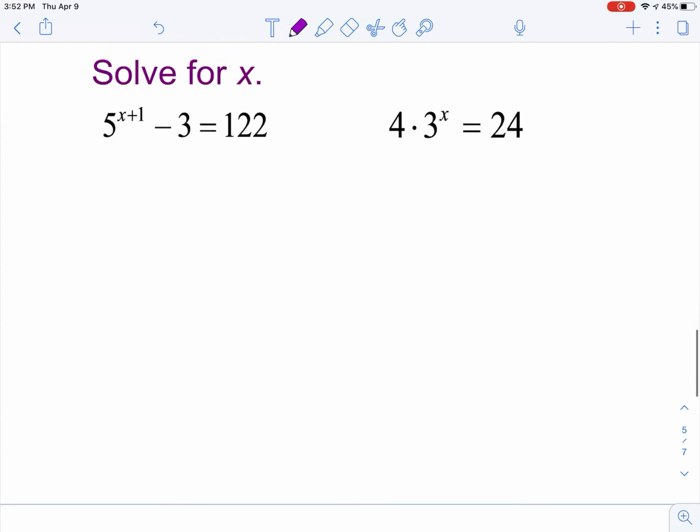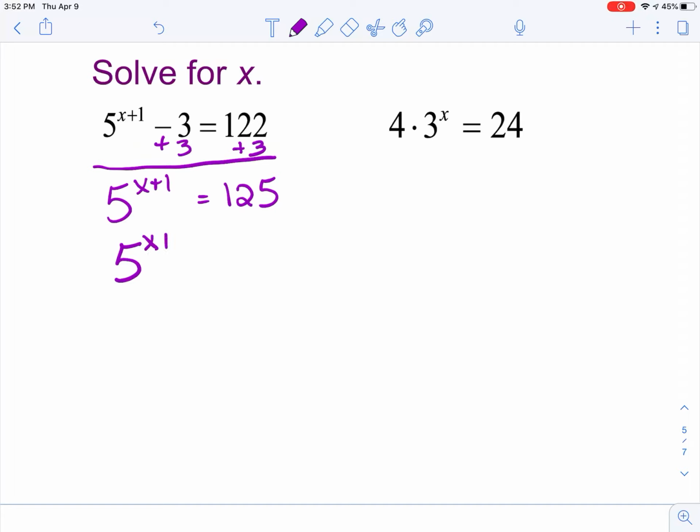All right, we have one more set of problems here. The first thing we do is we try to get the base on one side by itself. So to get my base of 5 on one side by itself, I'm going to have to add 3 to each side. So 5 to the x plus 1 equals 125. Ooh, can I make 5 and 125 have the same base?